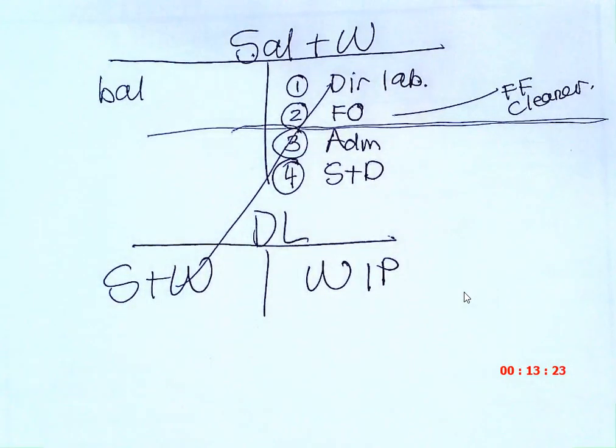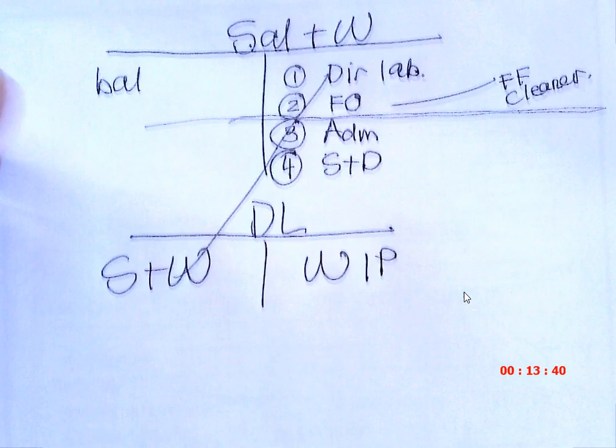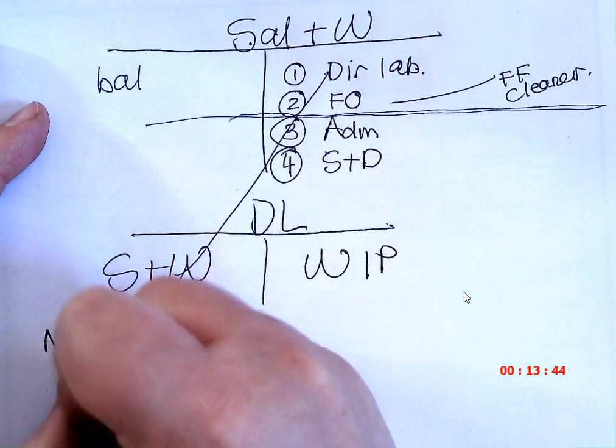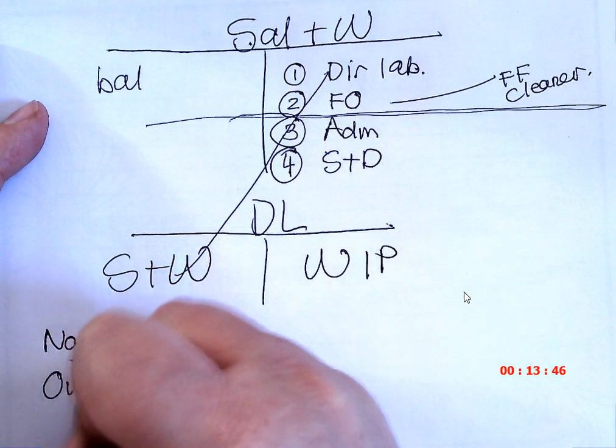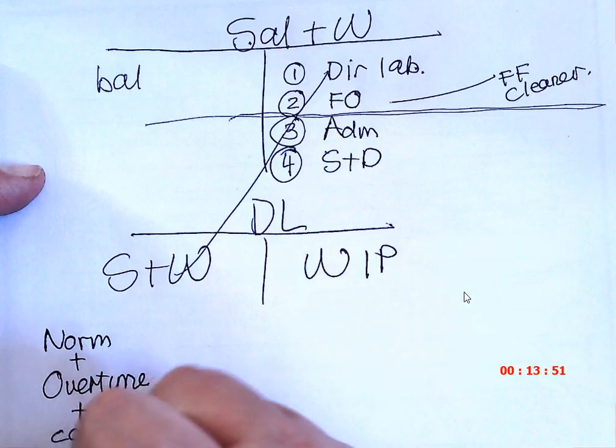So they can give you something like they say, oh, the salary and wages is 7 billion rand and 50% goes to direct labor. Then it's just a normal percentage. But if they don't give it like this, they can also give it as a big calculation. So then you need to remember, you need to do the norm time and the overtime. You need to add both of them and the contributions.